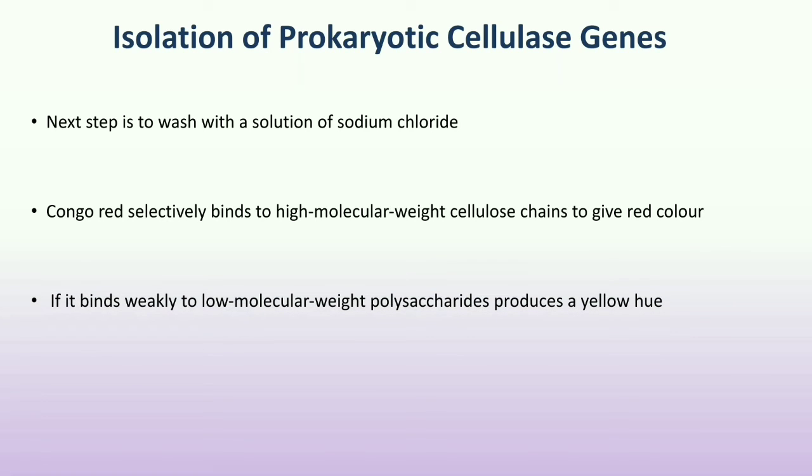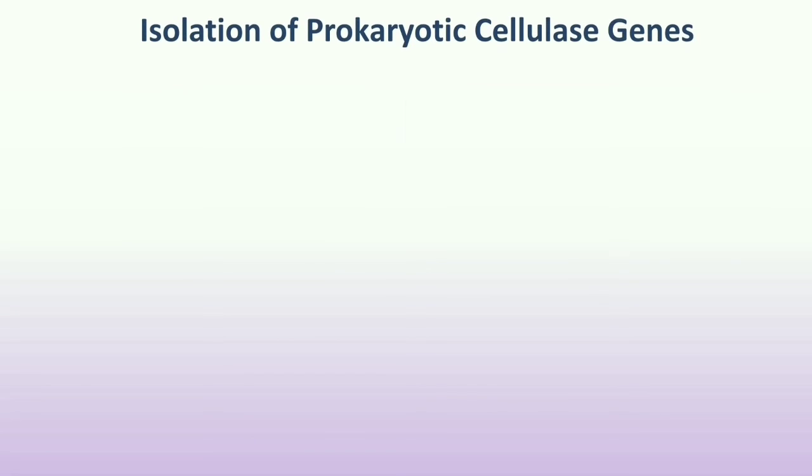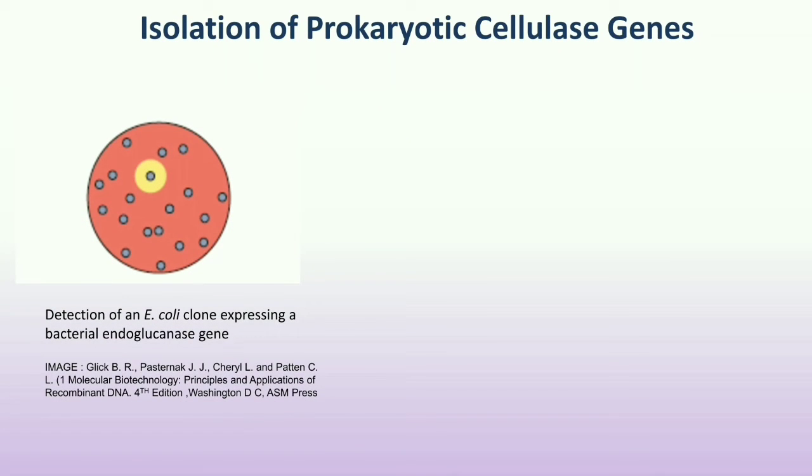But on the contrary, if the binding is weak, that is, it binds weakly to the low molecular weight polysaccharides, it produces a yellow colored hue. So this is a diagram adapted from Gleek for detection of E. coli clones expressing a bacterial endoglucanase gene.